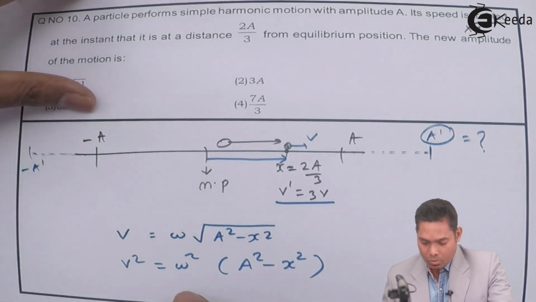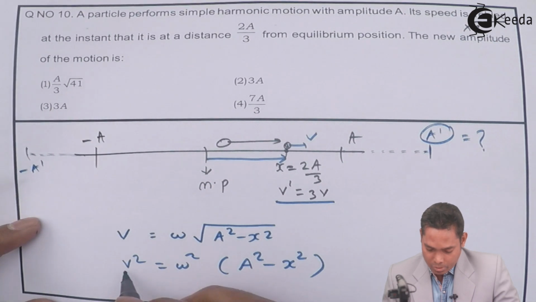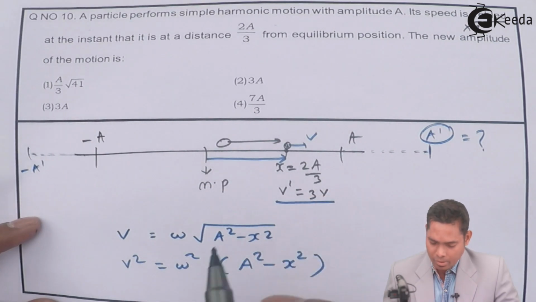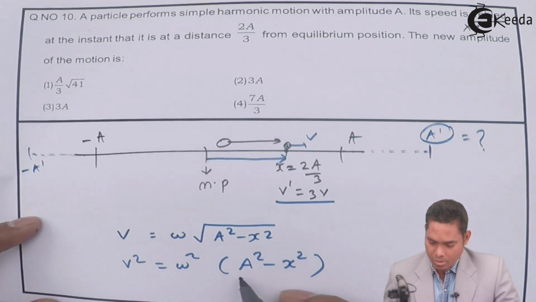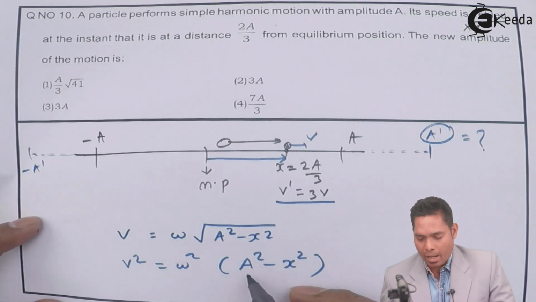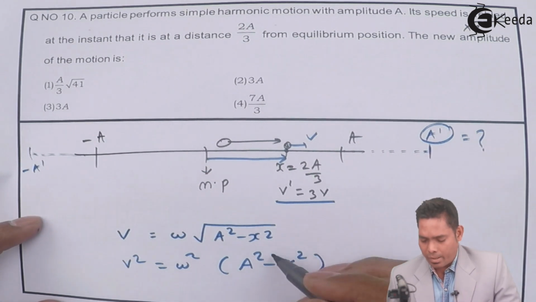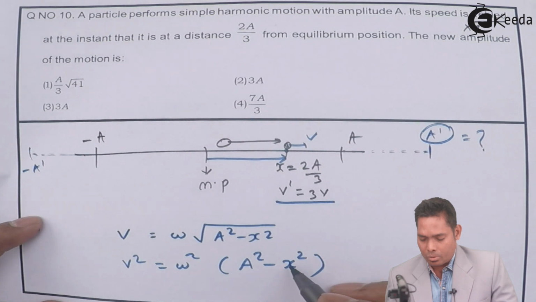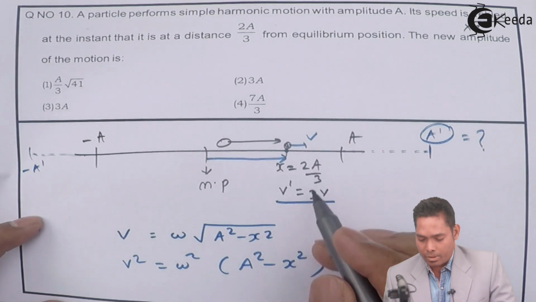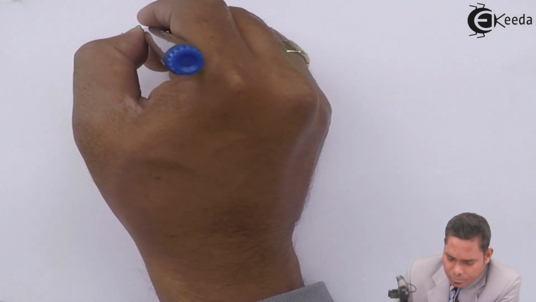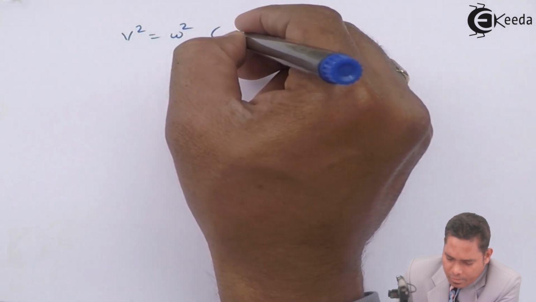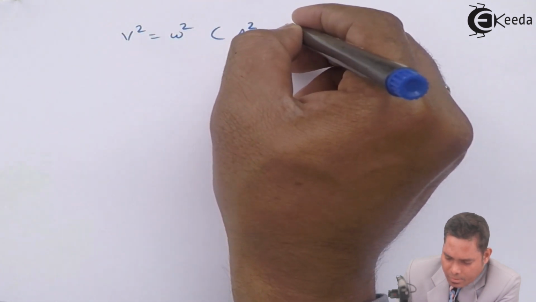V square is omega square, a square minus x square.